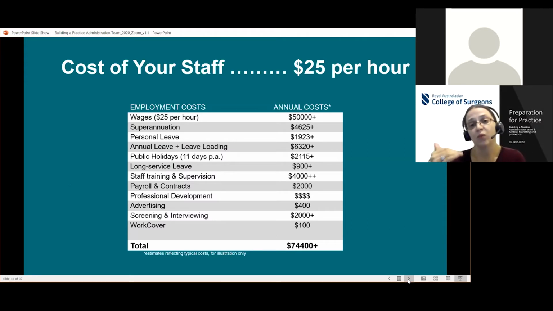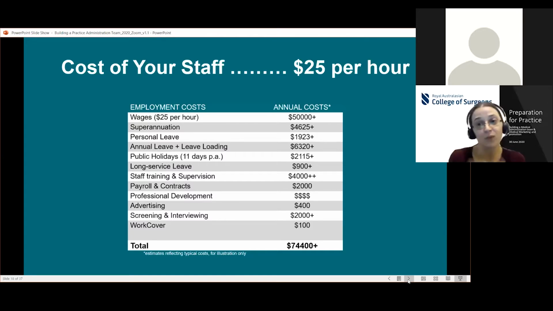But actually, once you start employing people, there's a whole lot of extra costs added to that you need to consider. You've got your superannuation, your coverage for personal leave, annual leave, potentially leave loading, paying out the public holidays, you need to start accumulating long service leave. You do need to train and supervise these people.